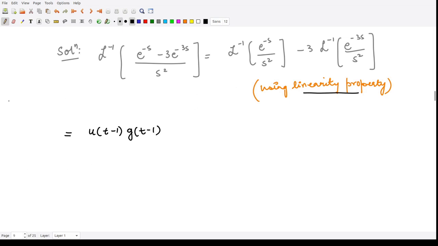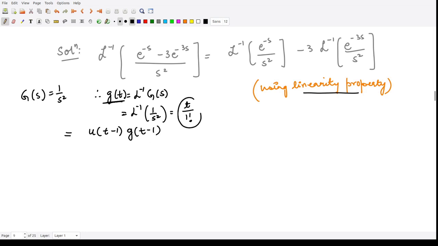Suppose your G of s is equal to 1 by s square. Therefore what would be g of t? It would be the Laplace inverse of G of s, that means the Laplace inverse of 1 by s square. So what is this term? This is t divided by 1 factorial. So g of t is equal to t divided by 1 factorial.